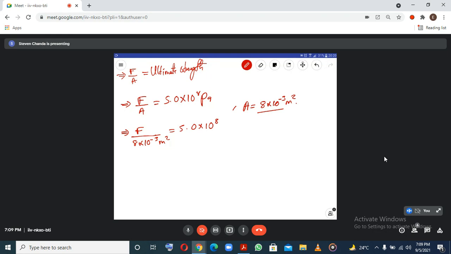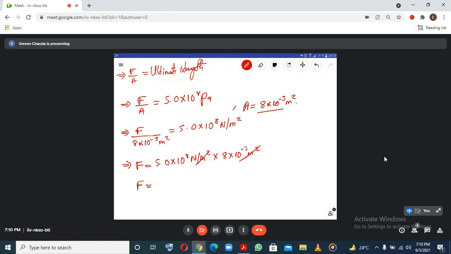If you want, you may want to use the units for pressure in this way so that they can cancel out, but of course it's all about preference. So you do that, and then you are going to have 8.